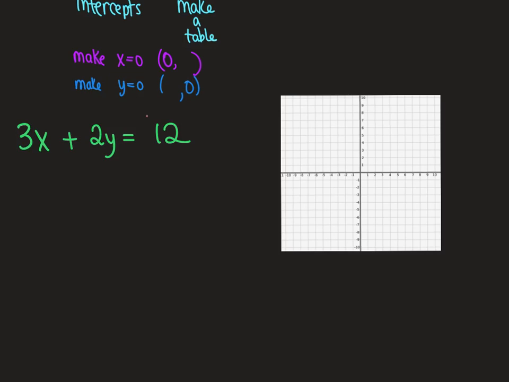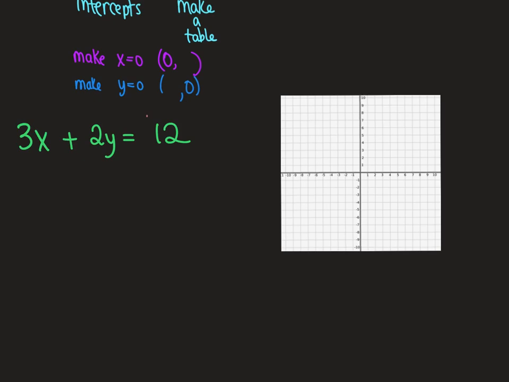All right, let's try this first equation. 3x plus 2y is equal to 12. So this equation has some sort of a line. The answer to this is a picture over on this grid, this coordinate plane. So we want x to be 0. If x is 0, it's not there.